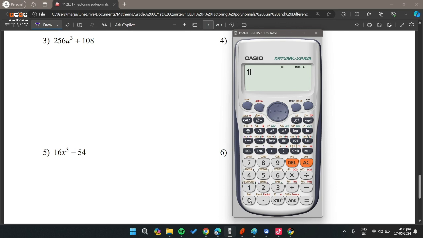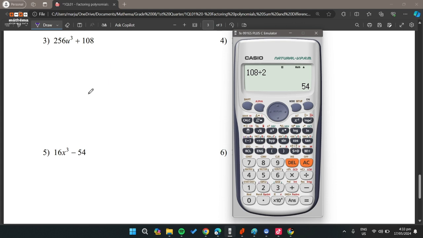But 108 divided by 2 is 54. So 54 and 128 are still divisible by 2. 128 divided by 2 is 64, and 54 divided by 2 is 27.